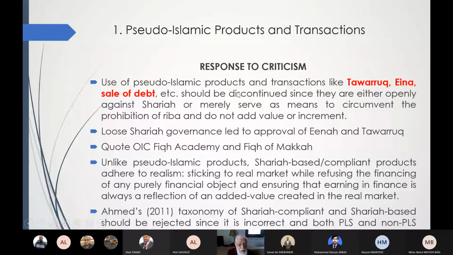I don't think AAOIFI legalized the sale of debt, but they studied that issue in their 2018 meeting in Al Madinah Al Munawwara. That member told me they wanted to legalize it. Some members, yes, wanted to legalize it, but I don't think they issued a statement on that. Anyone may correct me if I am wrong. I didn't check it lately.